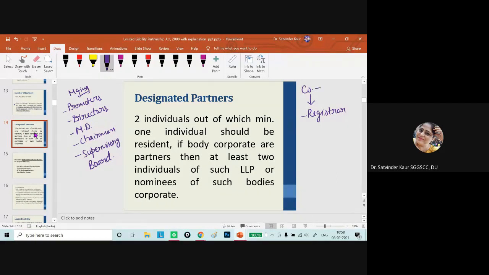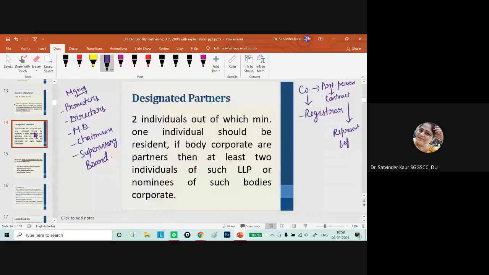So a company is an artificial person, right? And as an artificial person, if it enters into a contract, a stamp is to be there. Some person needs to represent it before law, right? So this responsibility is given to the director, managing director, chairman, supervisory board in different ways.